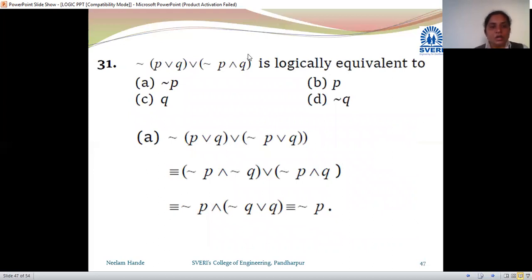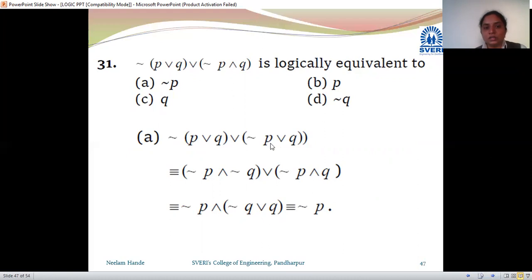Next, logical equivalent statement to this statement we have to write. Okay. So first we have written this. Then negation of this is negation P and negation Q. Yes. Then there is or in between negation. There is also a bracket, I guess.